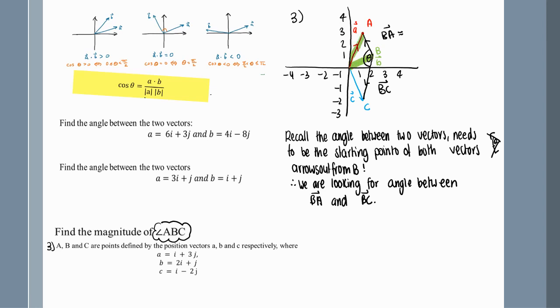You can think of this as minus B plus A, or you can just think of how many places left or right I need to go from B to get to A, and how many places up or down. We'll get minus B plus A, so vector BA is minus 1i plus 2j.